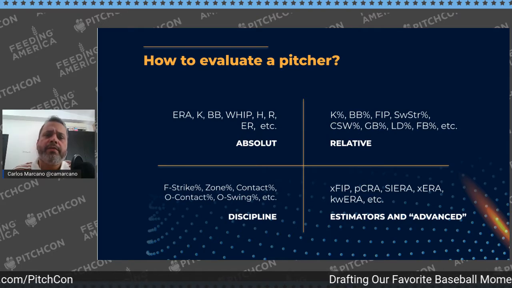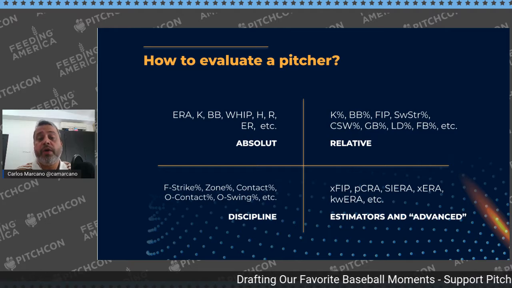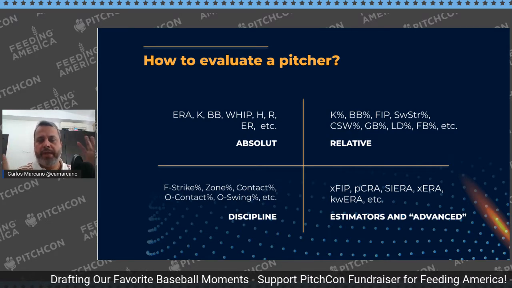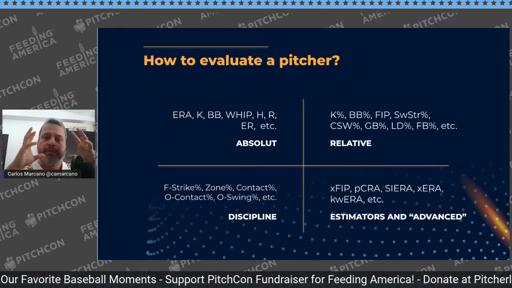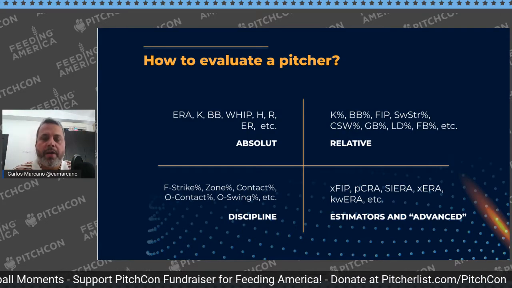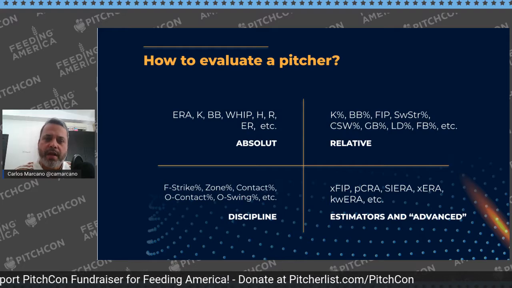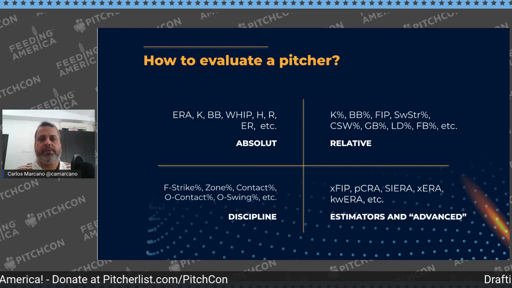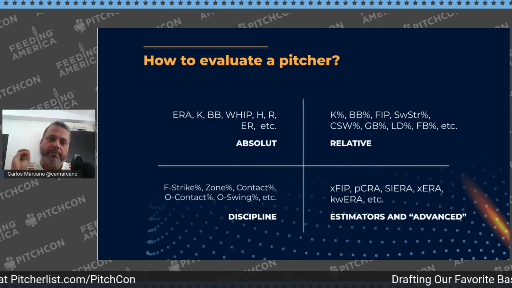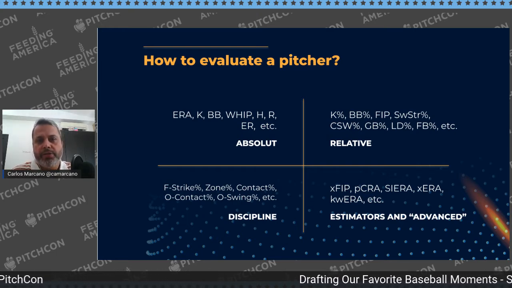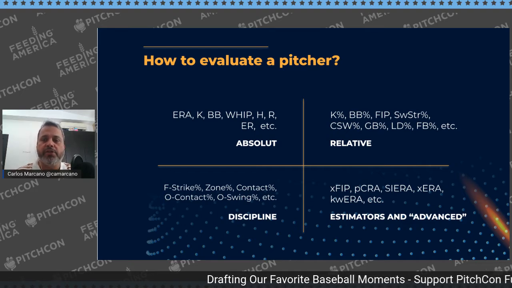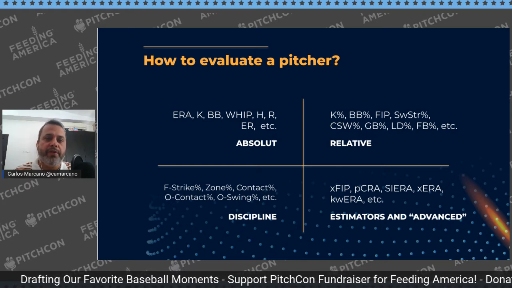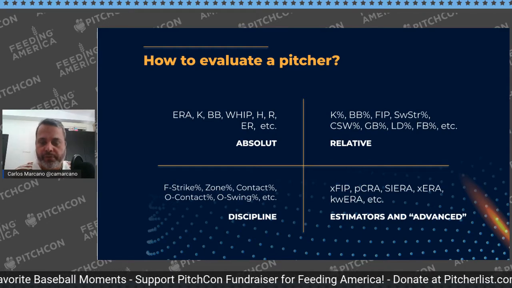So what I did want to do is, okay, we have all this information. How can we combine it in a way that we can have a meta index of sorts that can help us have a straight indication, at least a first indication of how a pitcher is faring, and what's in the future for them, right?